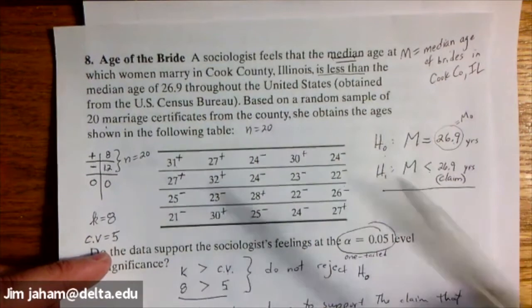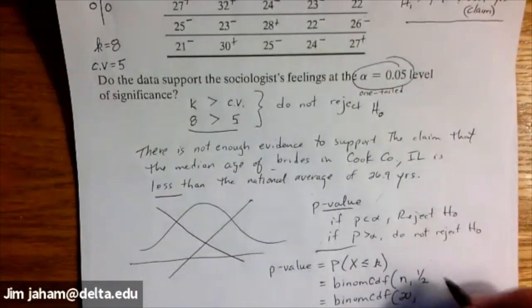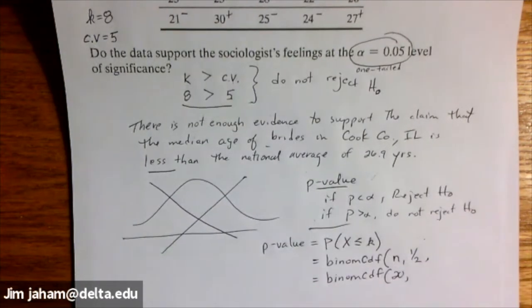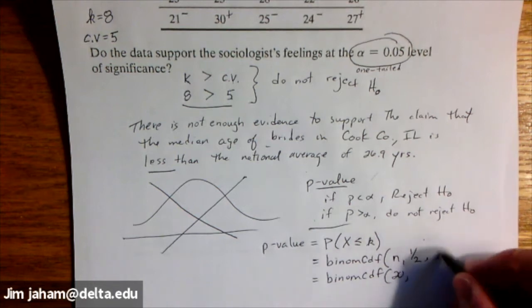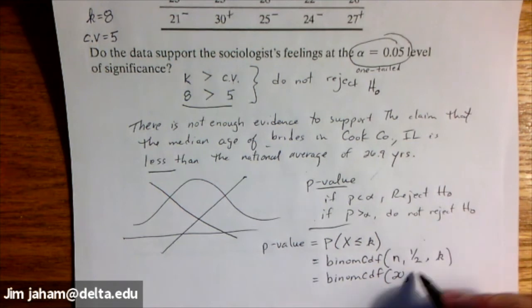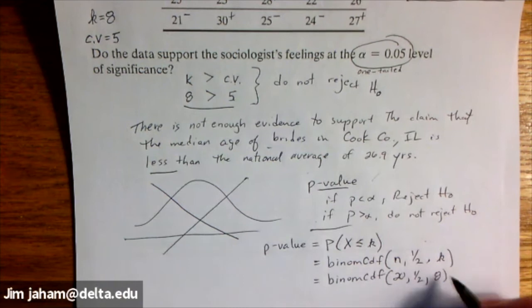So the probability of getting a plus sign would be exactly 1/2. So it turns out for this test, the p-value that we put into binomial CDF is always going to be 1/2. And then the last number is our k value. So we have 20, 1/2, and then our k value was 8.